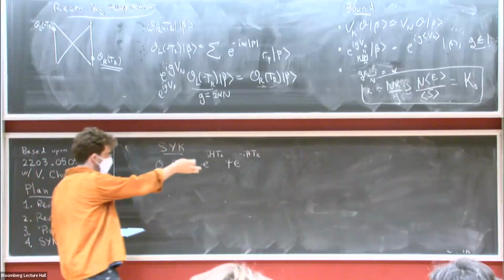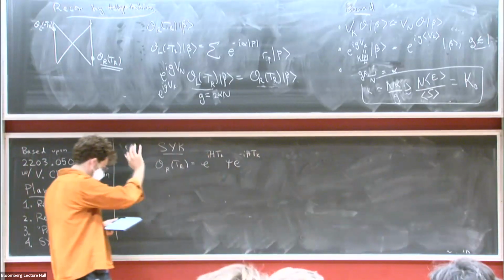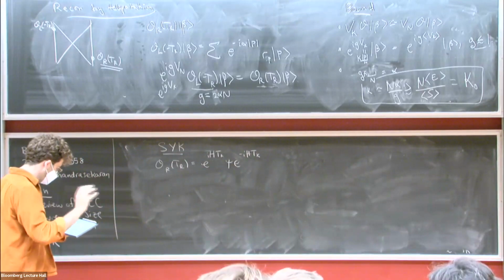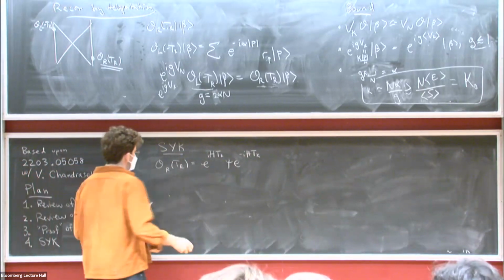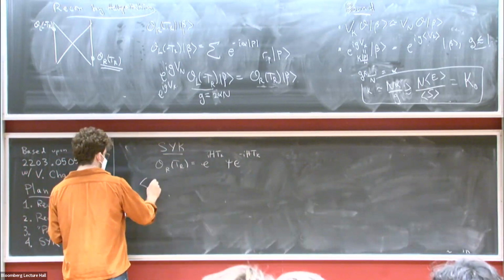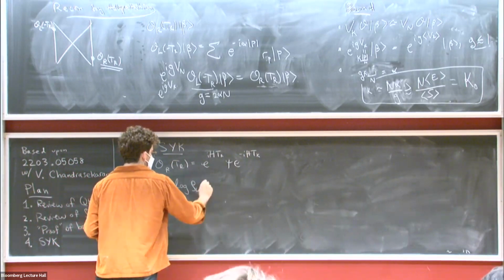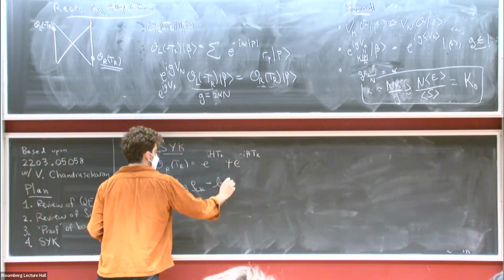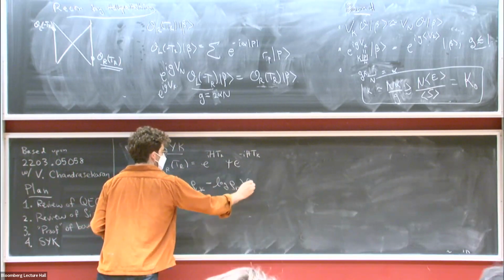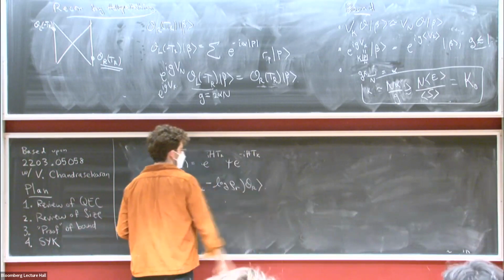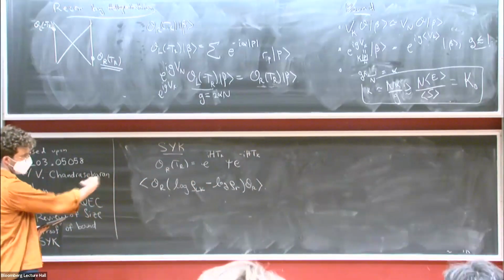We also included some Euclidean time smearing. That won't be that important. But as I said earlier, what I want to compute is the difference of these modular Hamiltonians, modular energies. So I wanted to compute this minus this, and dial K until this quantity became 0.